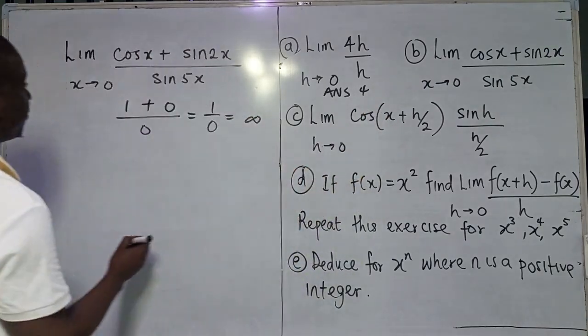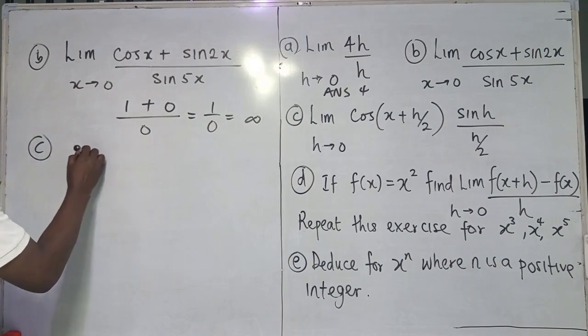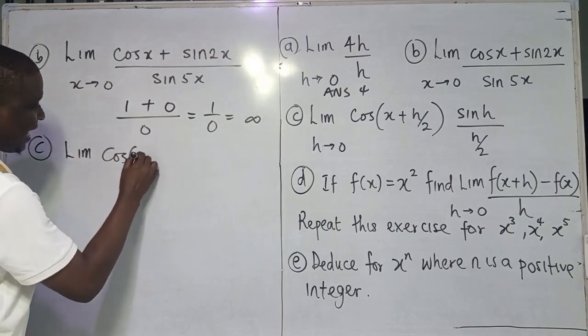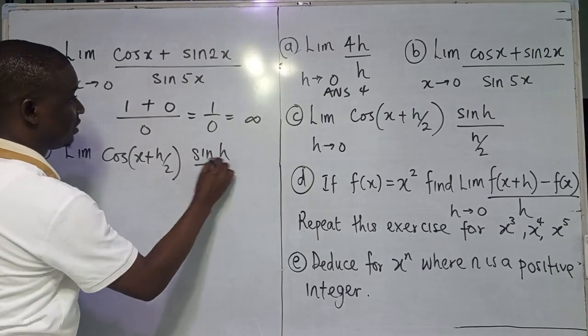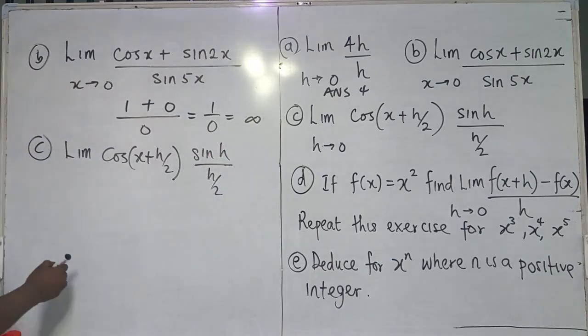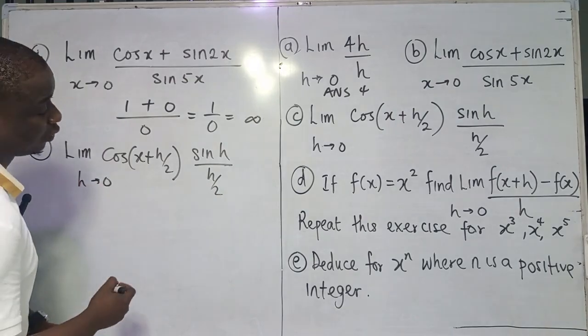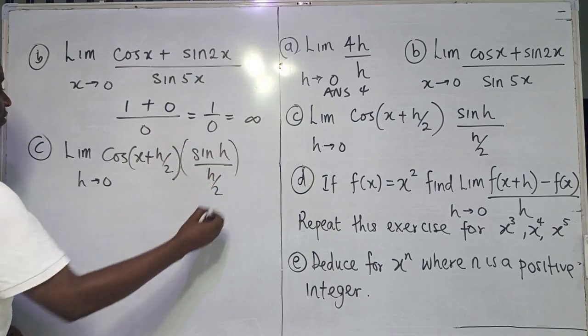Let's move to the C part. This was B. Now C says: the limit of cos x plus h, divided by 2, times sine h over 2 over h, as h tends to 0. What I will tell you to do is to separate these two.